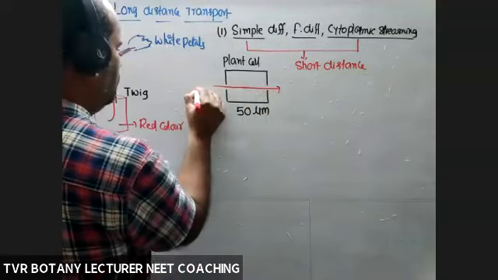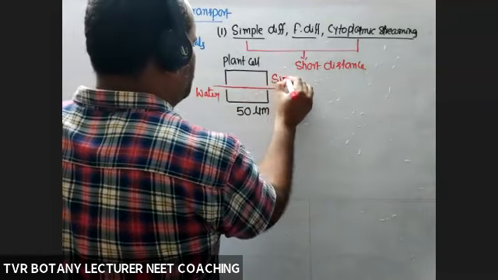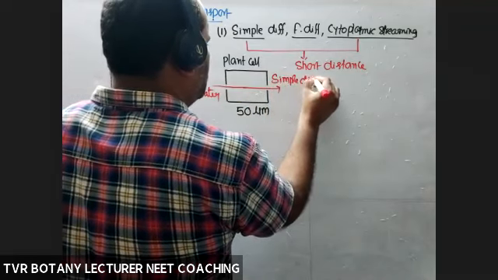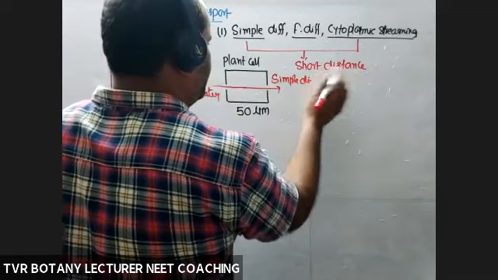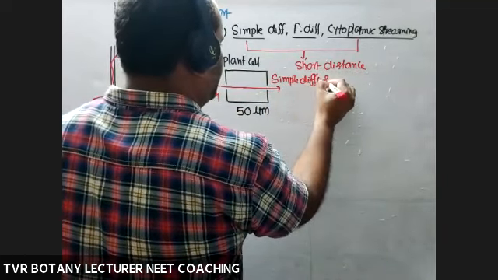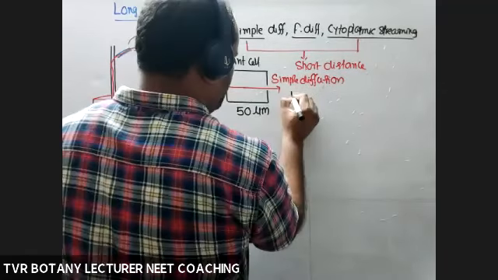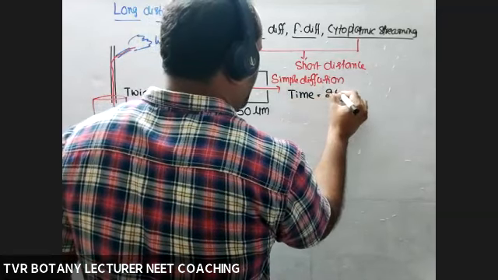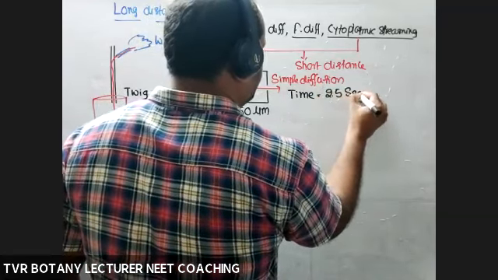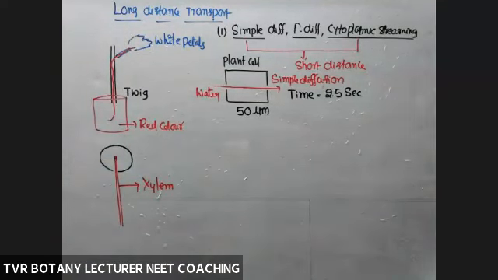For the transportation of water across a typical plant cell whose length is 50 micrometers, the time consumed is 2.5 seconds. See, it's a very small cell, 50 micrometers only.